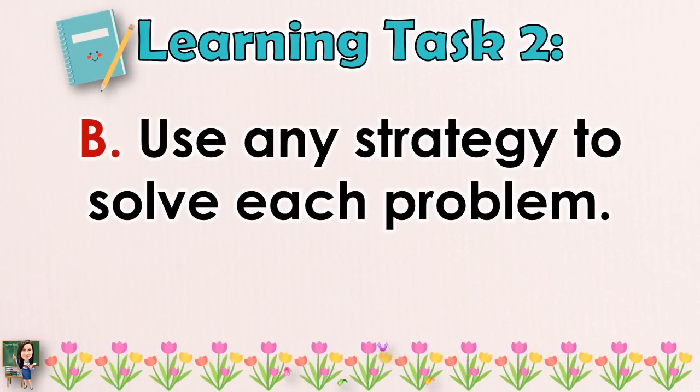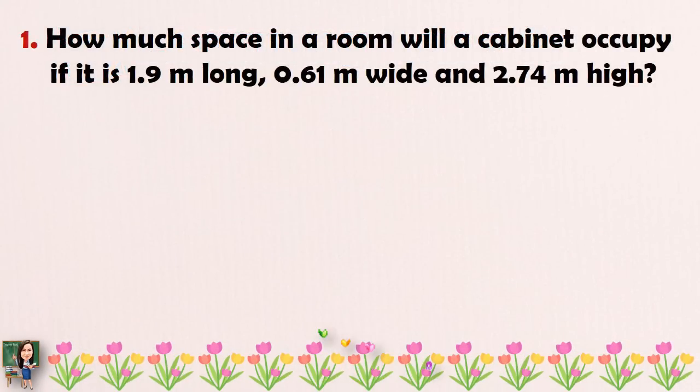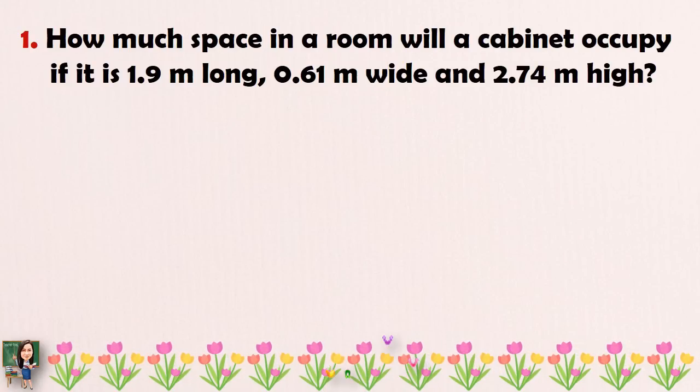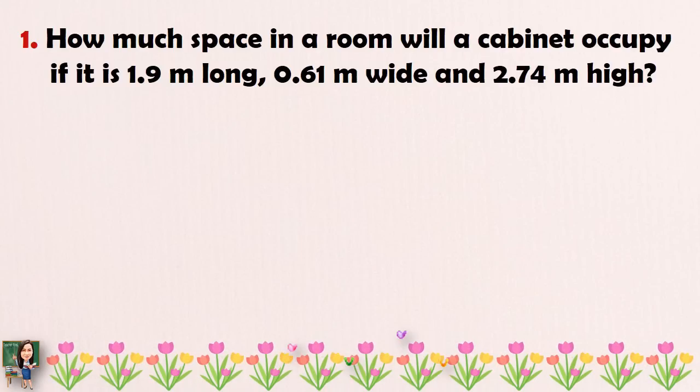For letter B, use any strategy to solve each problem. Number 1. How much space in a room will a cabinet occupy if it is 1.9 meters long, 0.61 meters wide, and 2.74 meters high?